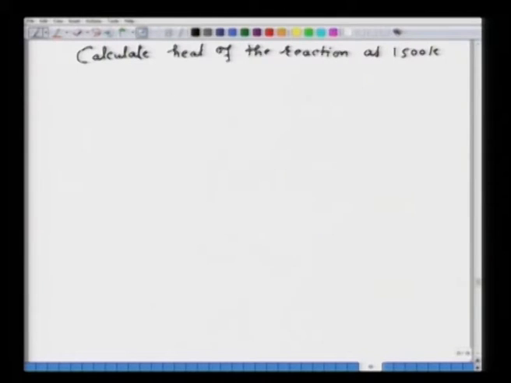The reaction is ZnO(s) plus C(s) equals Zn(g) plus CO(g). Now, mind you, in this reaction it is very important to write down the state of the reactants and products in parentheses, because you note that in this reaction the reactants are solid, whereas the products are in the gaseous state. Zinc is also in the gaseous state.